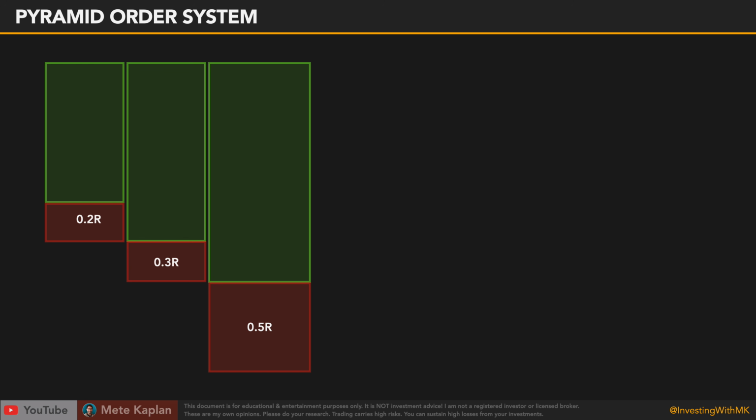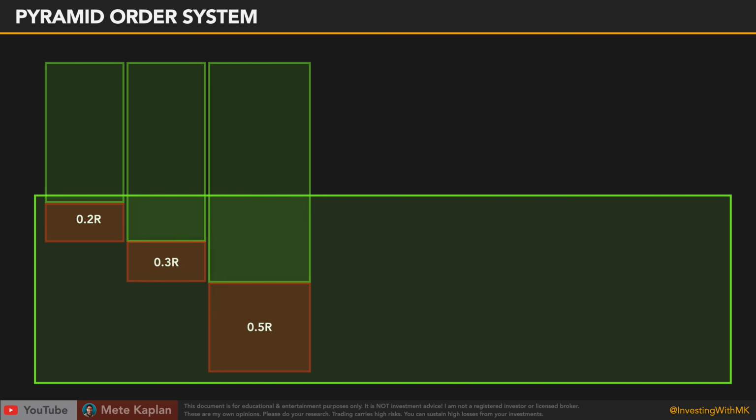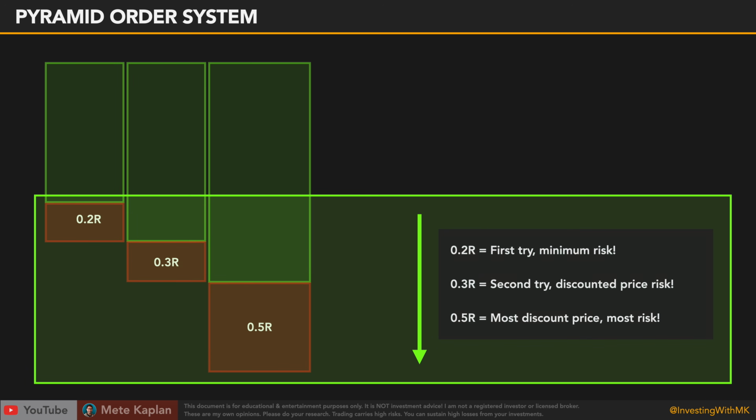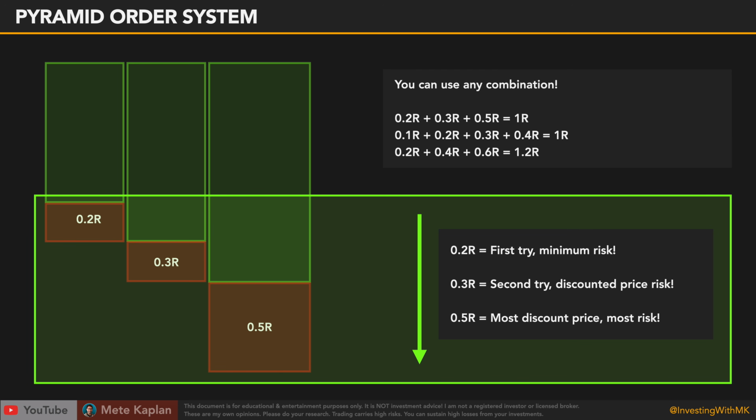You may ask this question: why are we increasing our risk, not using bigger risks first? Basically, we risk more of our money at cheaper discount prices. We are getting a better deal for our purchase, as simple as it gets. By the way, you can use any combination that you can imagine.